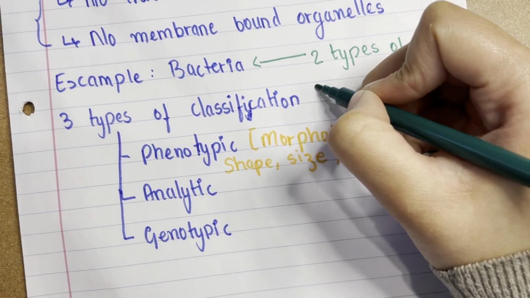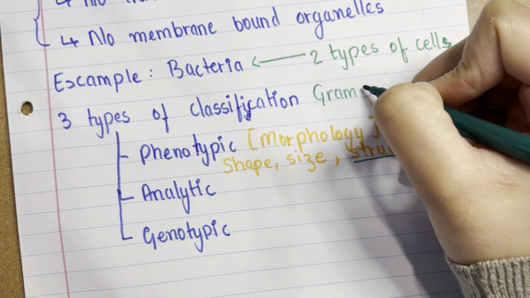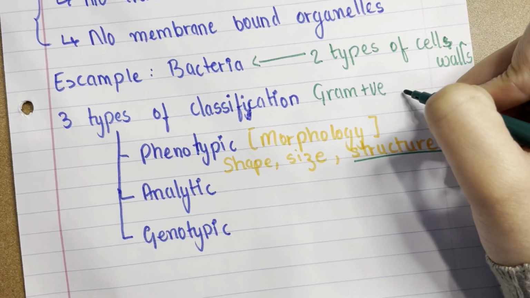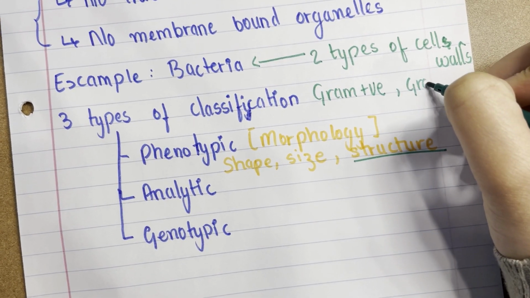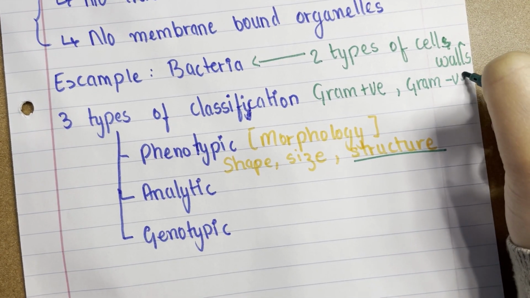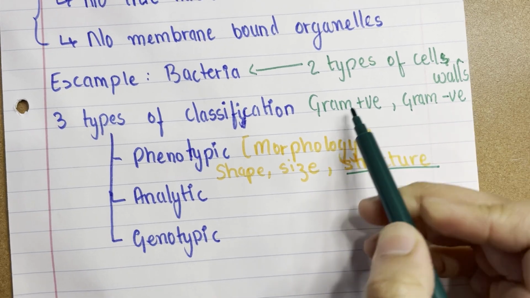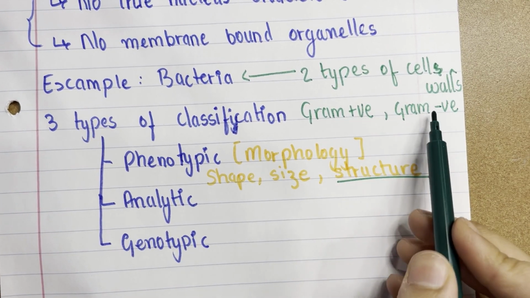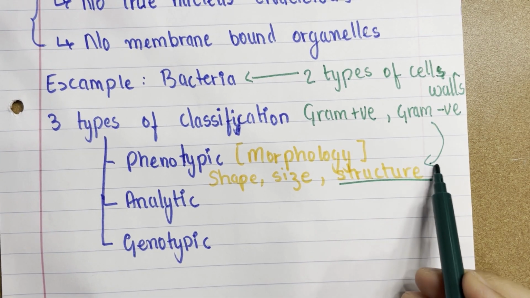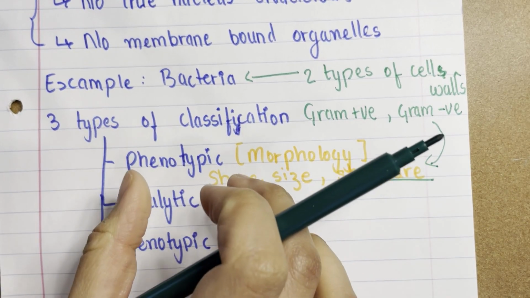One is a gram-positive and another is a gram-negative cell wall. So this is an example of what we're talking about when we say phenotypic.